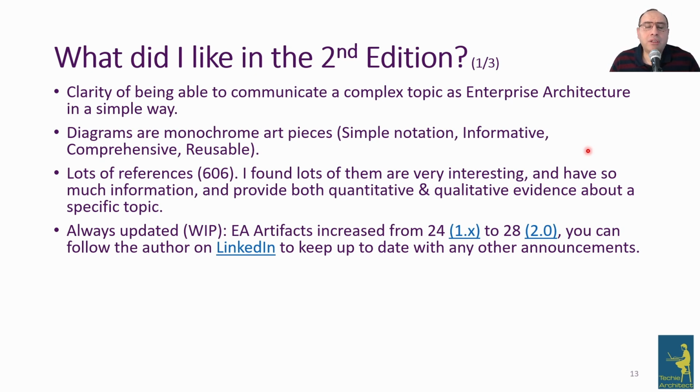I have seen this because I follow the author on LinkedIn, and I recommend you also follow him for any updates. The author is on a continuous effort to enhance his work, which is really very appreciated.